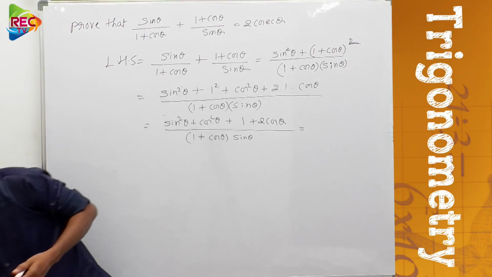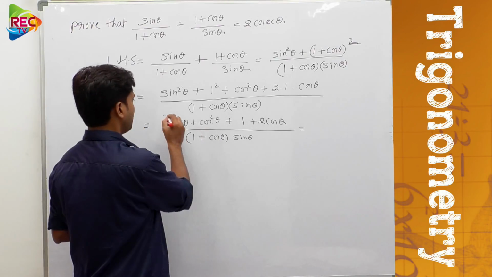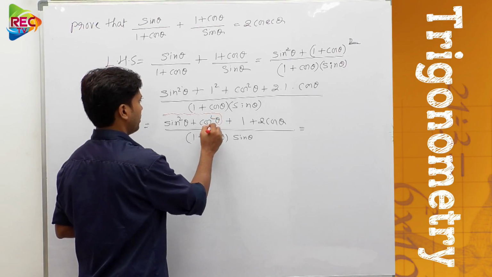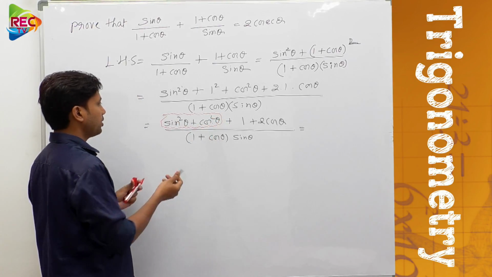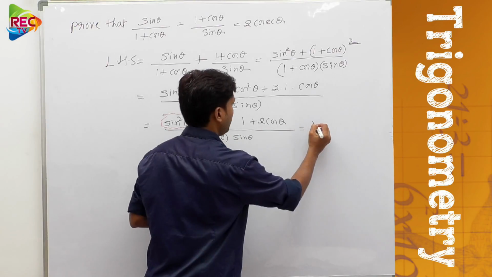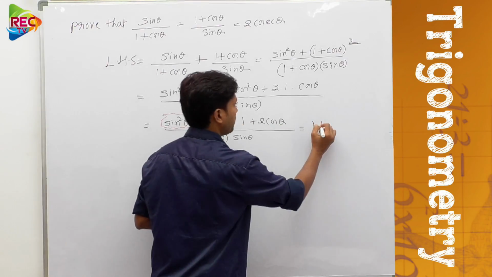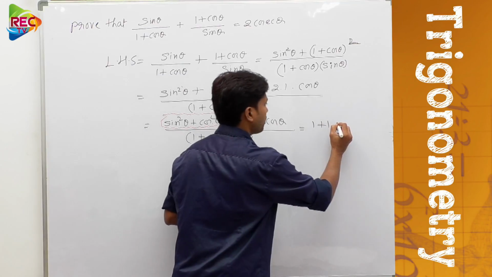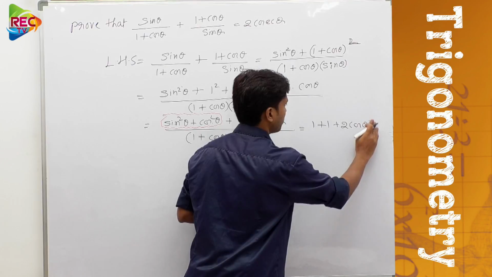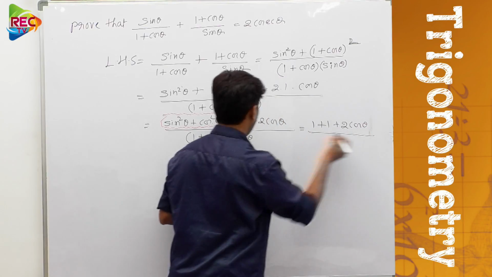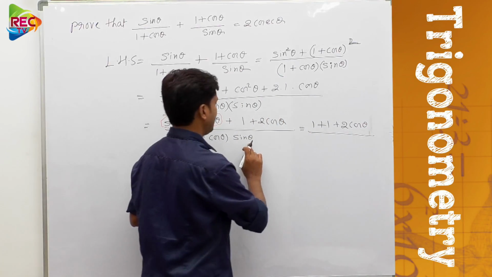So let us put the value of that, 1 plus this is again 1 more, 1 plus 2 cos theta by 1 plus cos theta into sin theta.